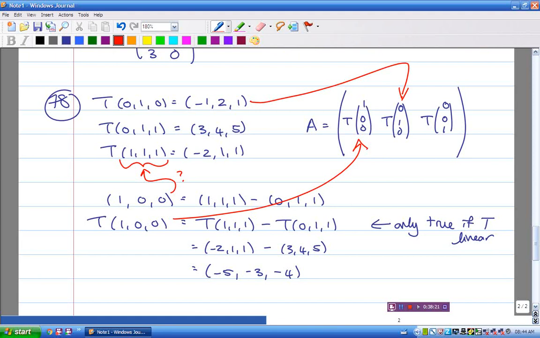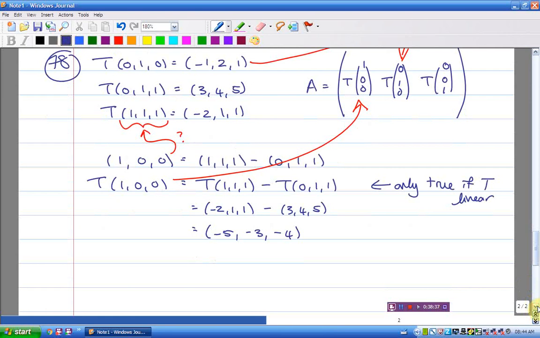Because I know how the vector (1, 0, 0) relates to the vectors I have been given, by the definition of linearity, I can work out what T of (1, 0, 0) is, which is going to give me the first column of my representative matrix.